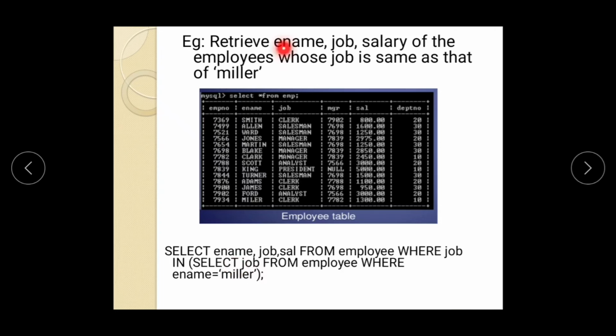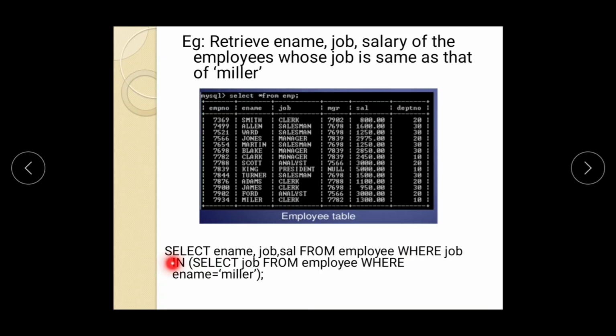What will be the outer query? From the outer query we have to retrieve the employee name, job, salary of the employee. So the outer query will be: select employee name, job, salary from employee where job must be equal to, we cannot write equal to, why? Because the inner query is retrieving multiple values. So instead we write the IN operator.